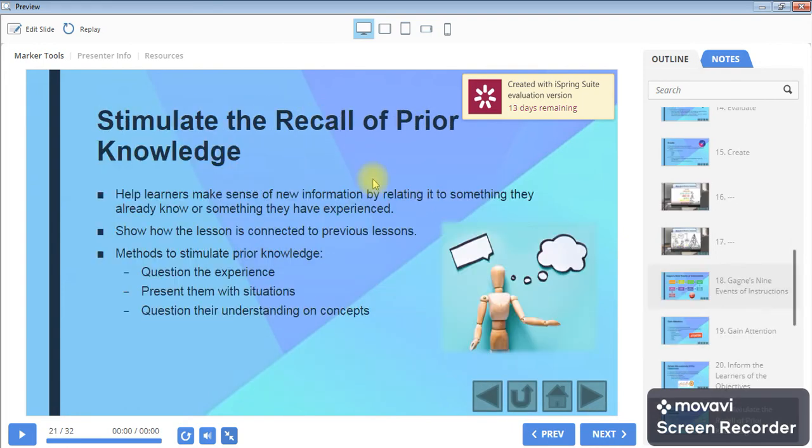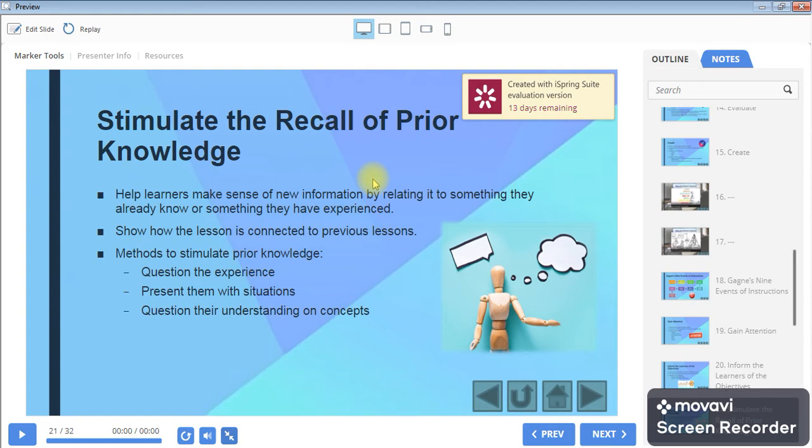The third event is stimulate the recall of prior knowledge. Here you help learners to make sense of the new information by relating it to something they already know or something they might have experienced before. So you show how the lesson is connected to previous lessons.